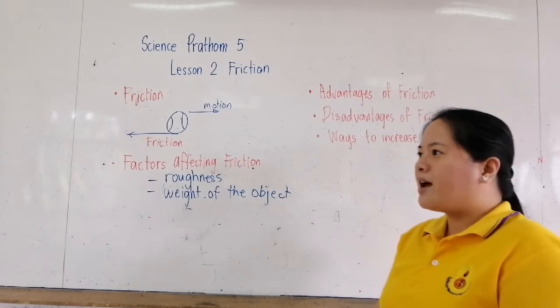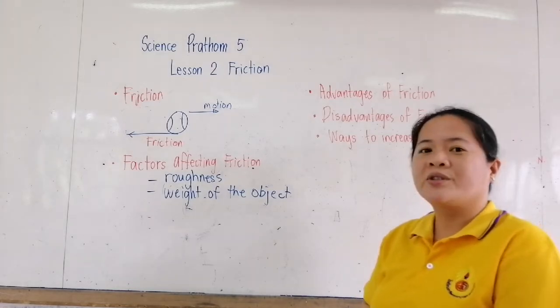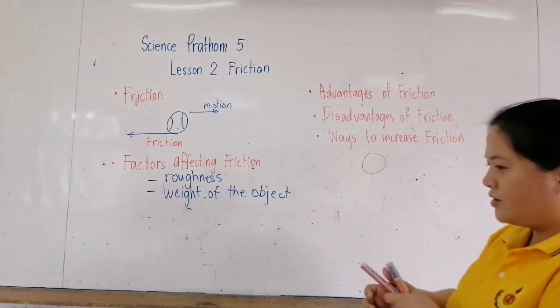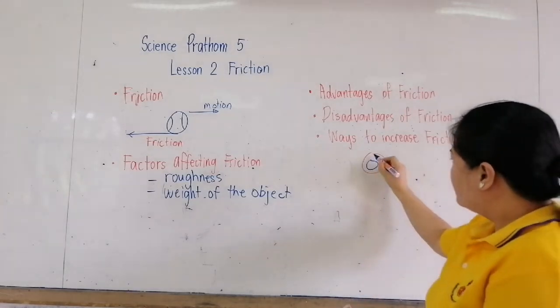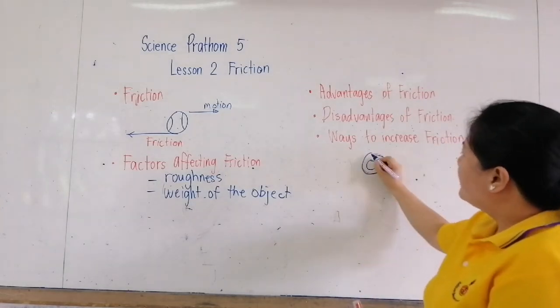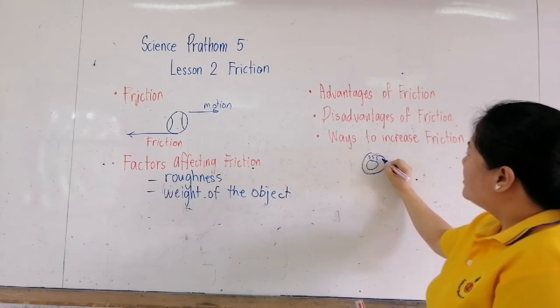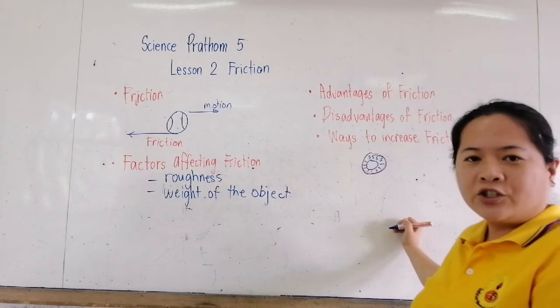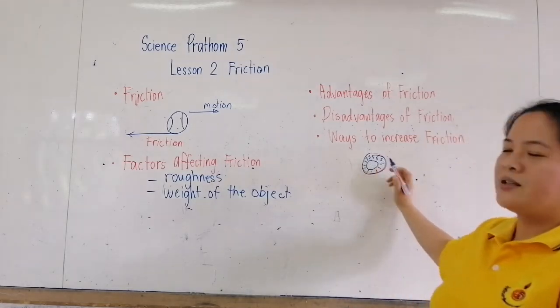Okay. For example, your shoes or our tires. Car tires have treads. These treads increase the friction because you create roughness.